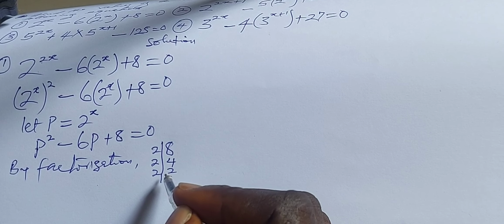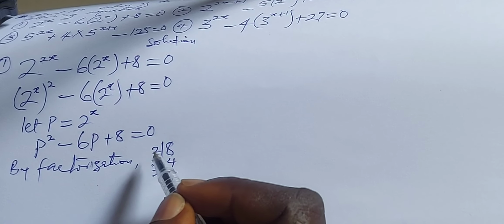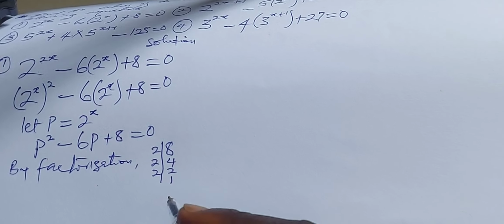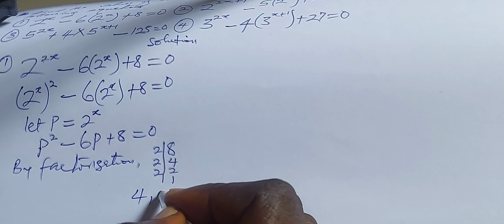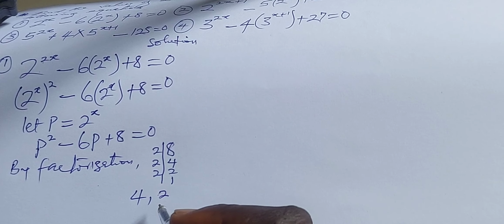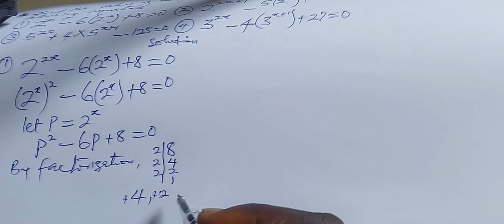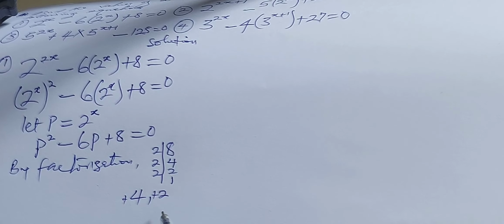So we pair them so that when we multiply, we have plus 8, and when we add, we have minus 6. So 2 times 2 is 4, and the last one is 2. This is how you can factorize a quadratic expression. But if you add plus 4 plus 2, you have plus 6. That is not what we are looking for.